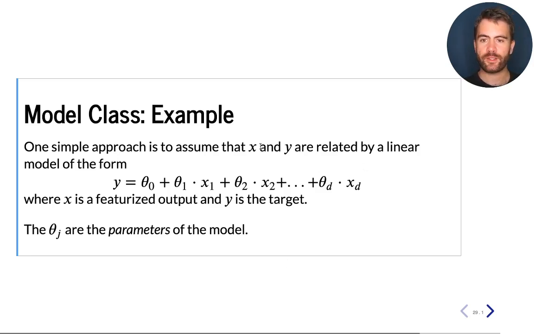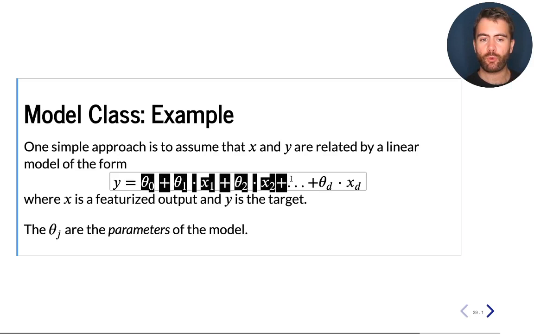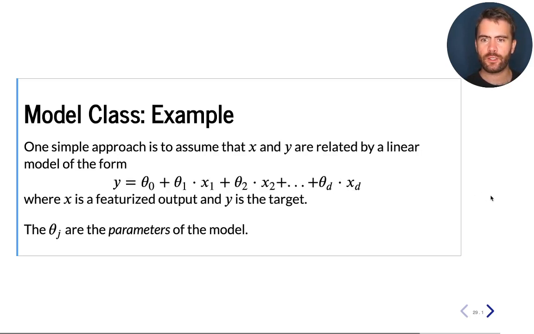And we saw an example of this in earlier videos, where we fit a linear function to predict the diabetes risk from BMI. There we had a simple linear model in which we only had a slope and an intercept, but this functional form can be generalized to any number of dimensions in this particular way.